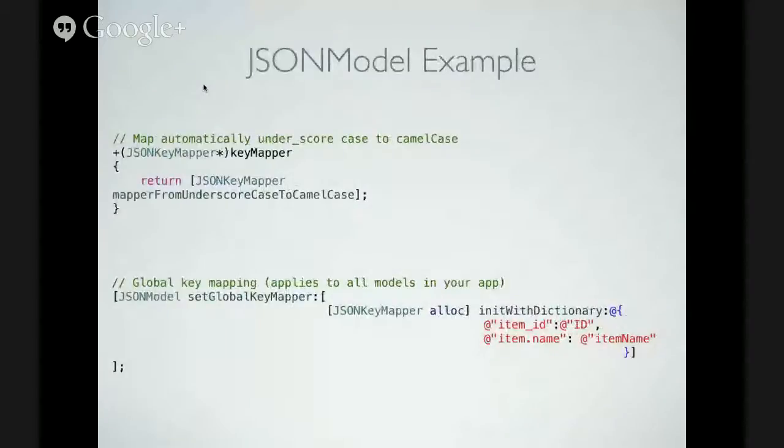If we receive a JSON response with underscore attributes, JSONModel can also convert it automatically to our properties. We simply initialize the key mapper, or if we need some custom configuration, we can always write our own code with the correct properties as shown below.